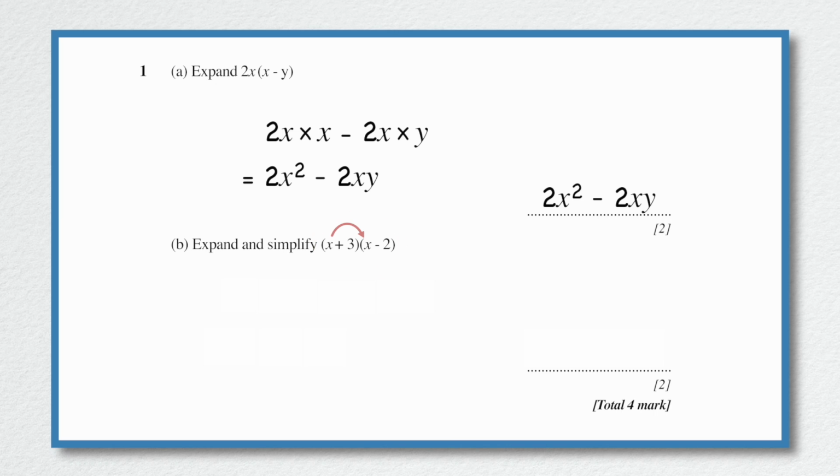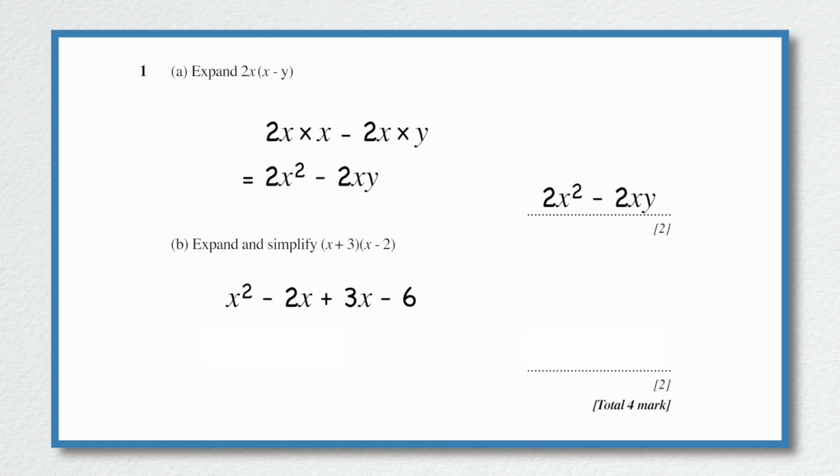We do x multiplied by x, which is x squared. Then we do x multiplied by minus 2, which is minus 2x. Then we do 3 multiplied by x, which is 3x. And finally, 3 multiplied by minus 2, which is equal to minus 6.